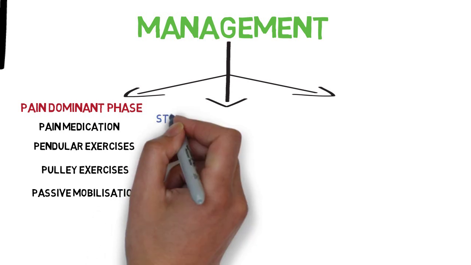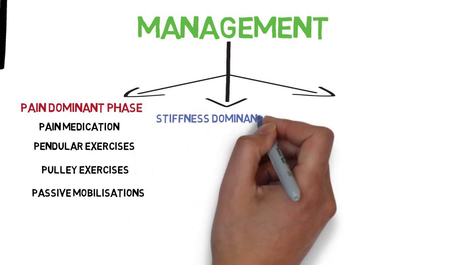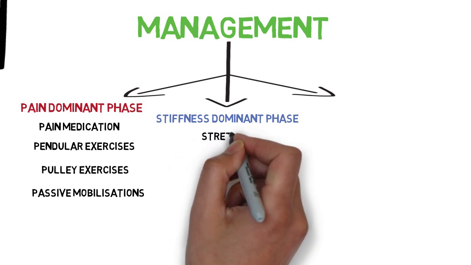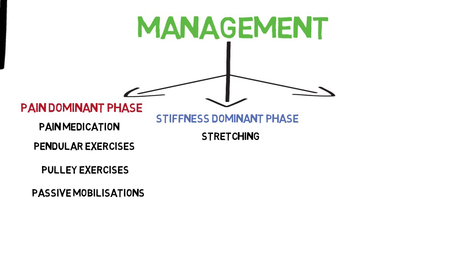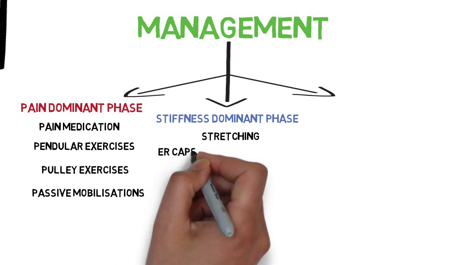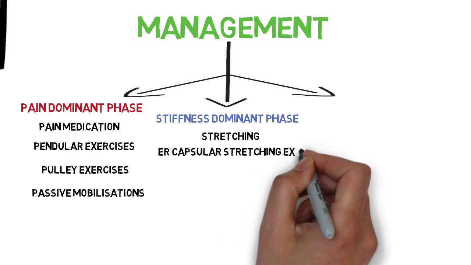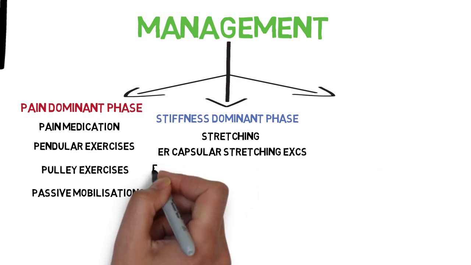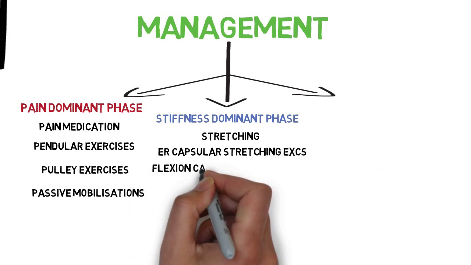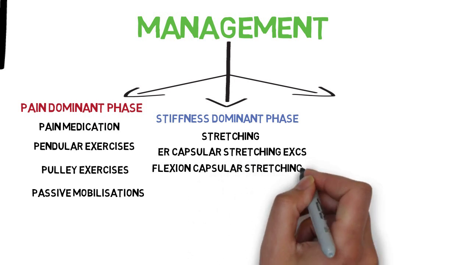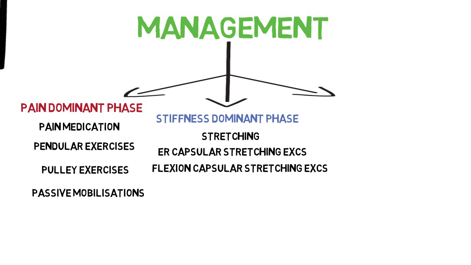In the second phase, that is stiffness dominant phase, the pain medications and management can be continued. In order to manage the stiffness, stretching can be initiated. Stretching exercises should be focused on external rotation capsular stretching, flexion capsular stretching, and internal rotation capsular stretching.